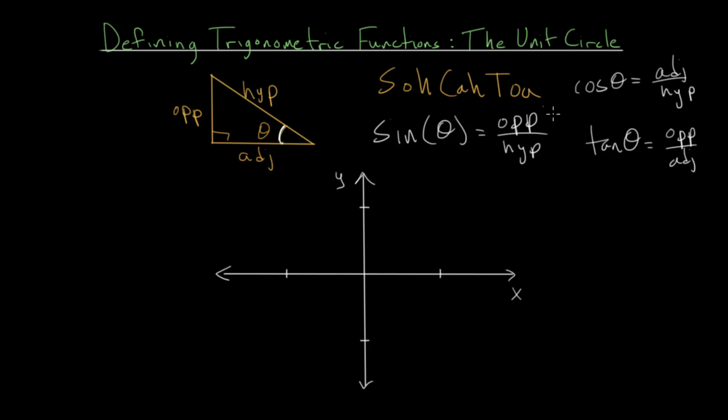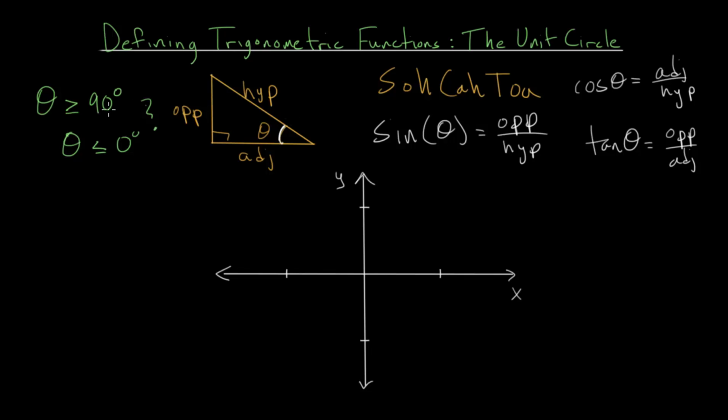These definitions are very useful, but they run into one main issue. What happens if theta is bigger than or equal to 90 degrees? What happens if theta is less than or equal to 0 degrees?